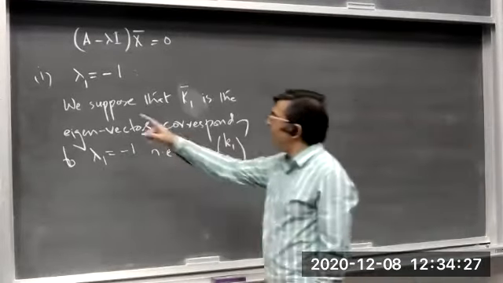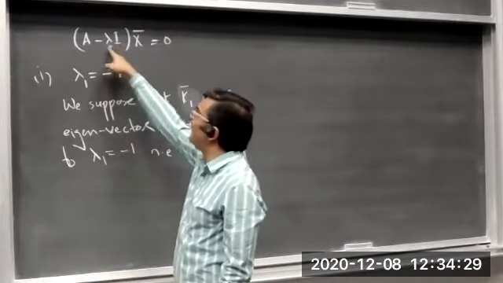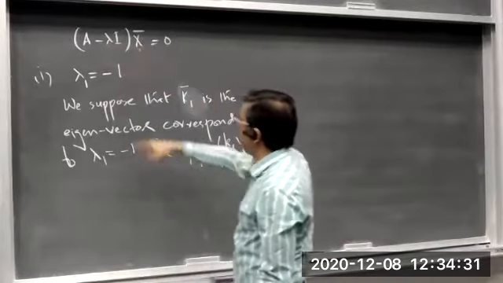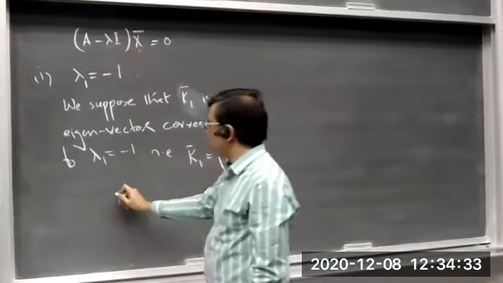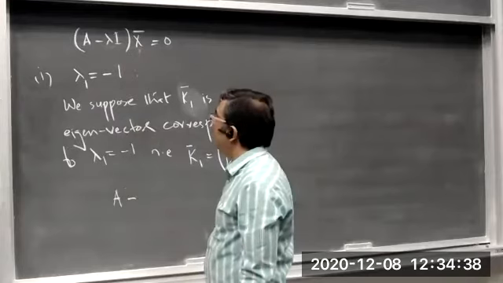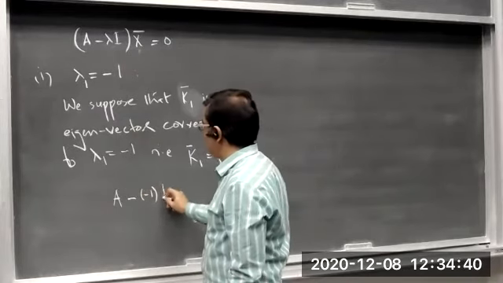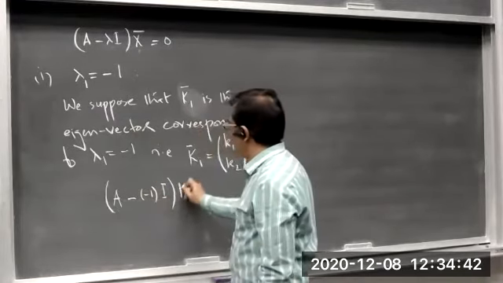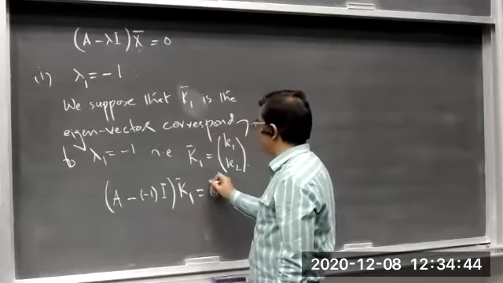Now, if we insert lambda 1 equal to minus 1 here, x should be replaced with k1. So what do we obtain here? A minus lambda, which is now minus 1, times I times k1 vector equal to 0 vector.